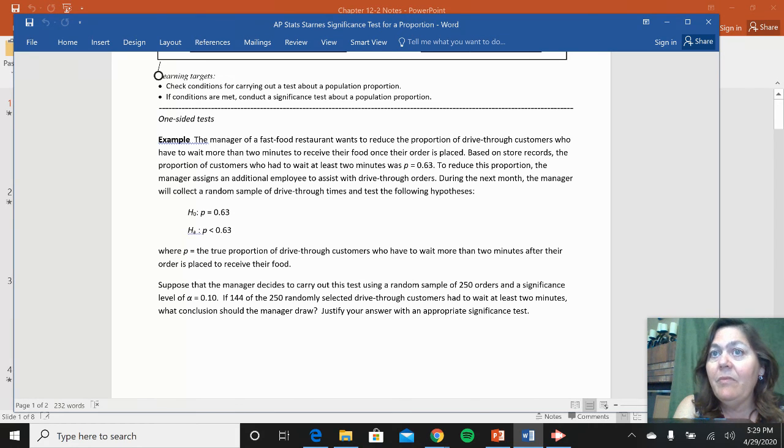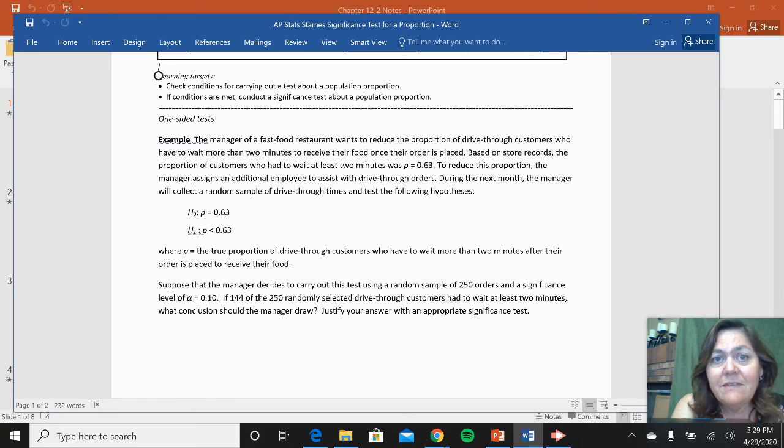Okay. So suppose the manager decides to carry out this test using a random sample, important there, of 250 orders and a significance level of 0.10. Alpha is 0.10 this time. All right, so if 144 of the 250 randomly selected drive-through customers had to wait at least 2 minutes, what conclusion should the manager draw?